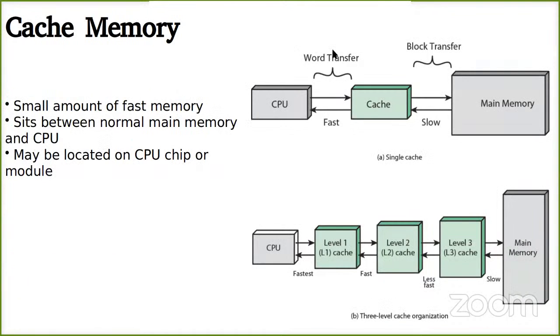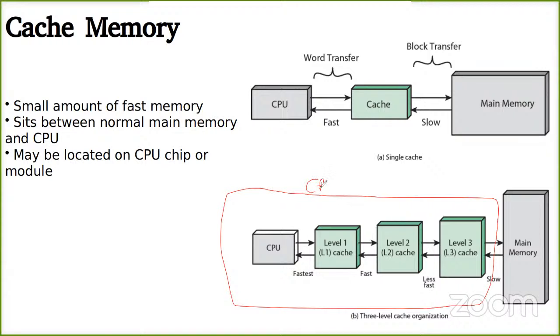Now, we had talked about cache, right? What is cache used for? Why do I require cache memory? I told you this is within the CPU, and this is the actual DRAM. This is inside the CPU, and these are all SRAMs.